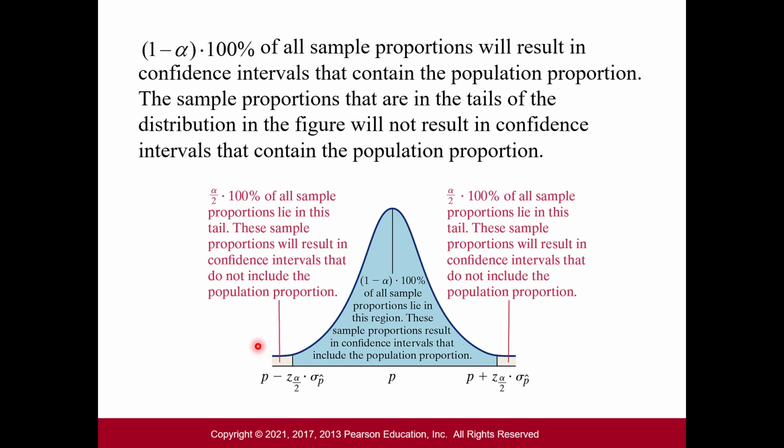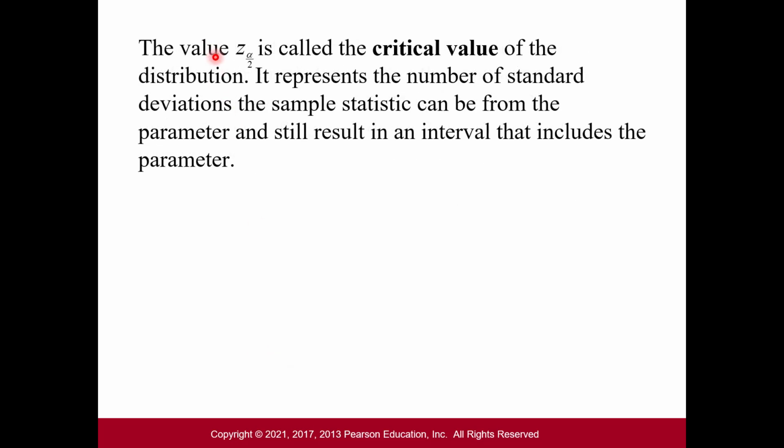So the value z sub alpha over 2, we call this a critical value. We've actually seen critical values in the past, but this is our critical value of the distribution. It represents the number of standard deviations the sample statistic can be from the parameter and still result in an interval that includes the parameter.